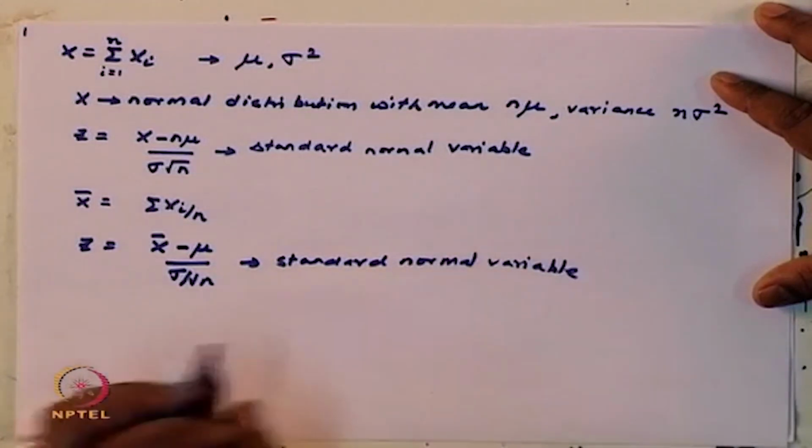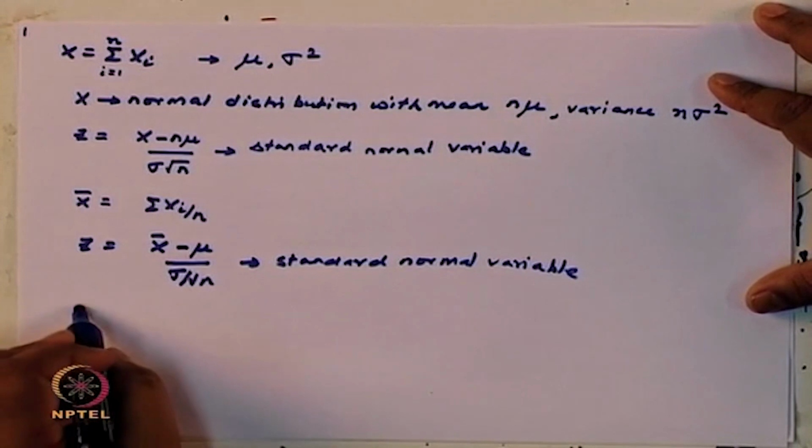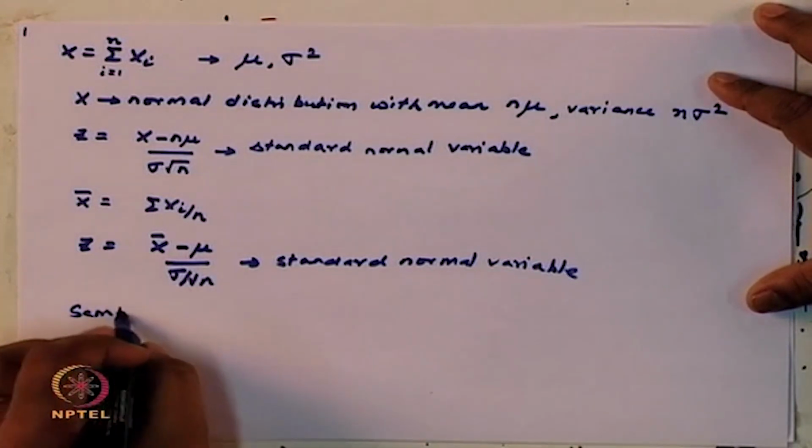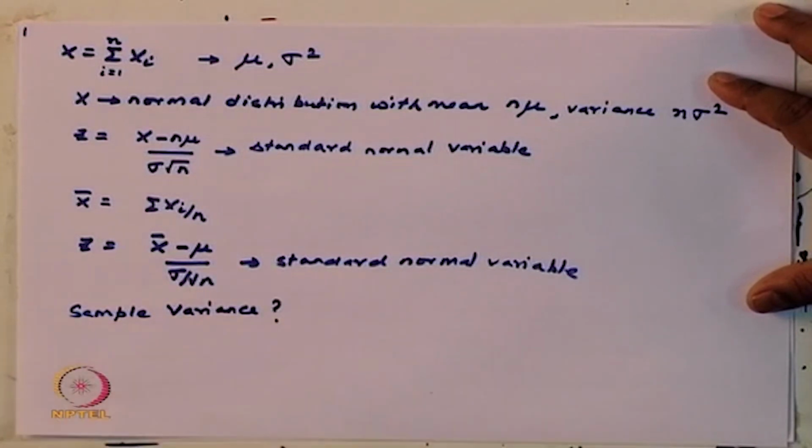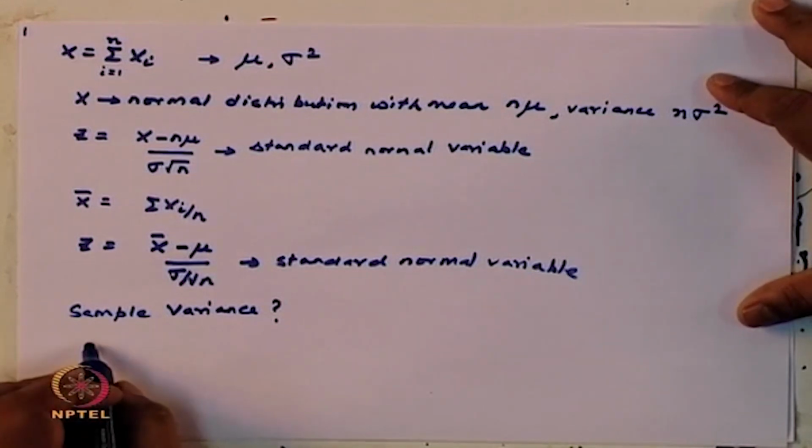Now, what can we say about the sample variance as another metric? How do we define the sample variance S square?